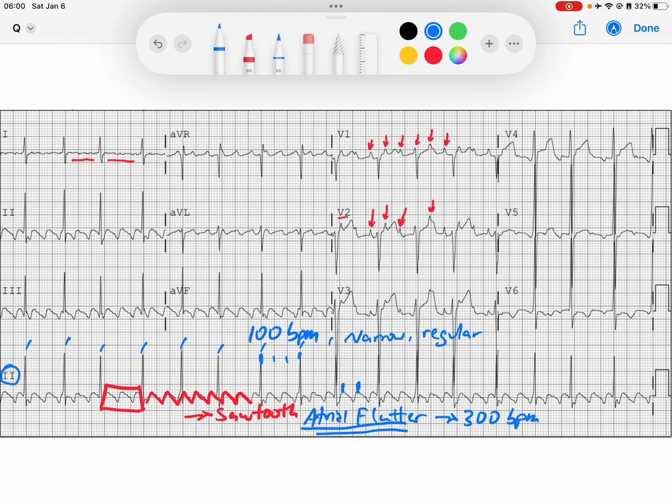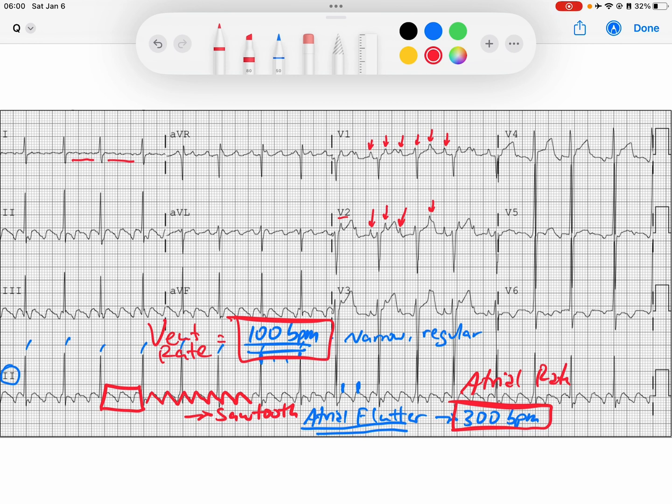We see that it's a narrow complex QRS. We see that each QRS occurs at about 100 beats per minute. So I can see that my ventricular rate is 100. My atrial rate is 300.